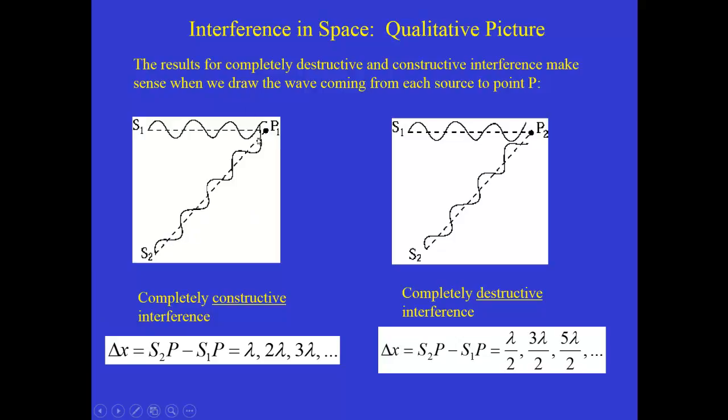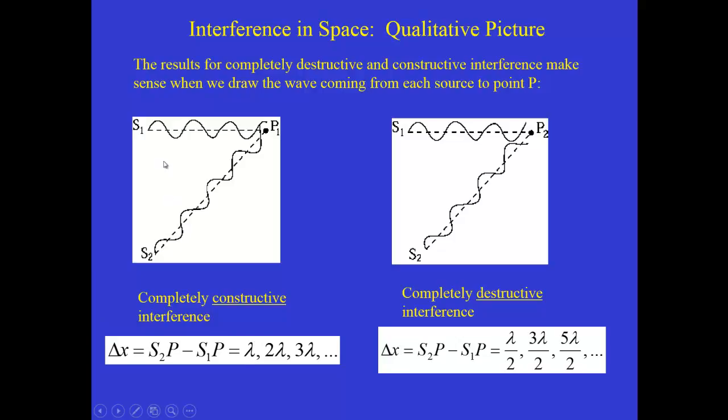So the sketch on the left shows completely constructive interference, which means that when they get to point P, the peaks for each of those traveling waves are together. And that means that the sum of the two waves will be an identical wave with twice the amplitude. What happened here was the extra distance that had to be traveled, which was S2P minus S1P, was equal to an integer multiple of a wavelength.